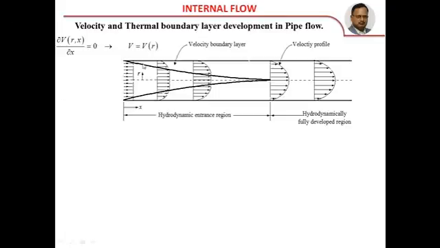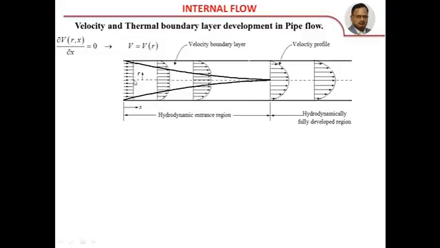Now if you take a point like this, the velocity is v here, v here, v here, and here on the boundary is also v. But from the boundary to the wall, it reduces from v to 0. Similarly here v to 0. So this is the profile.